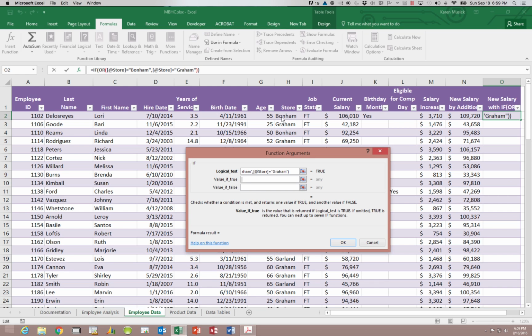So I'll show you two different ways that you could do this, and either one would technically be correct. So I could start out and say their new salary is equal to the current salary plus, then put in a parenthesis and say the current salary times 0.035.